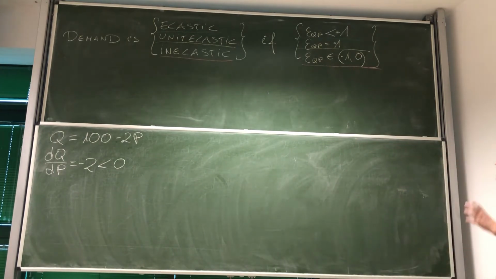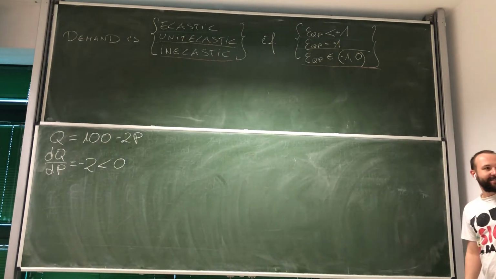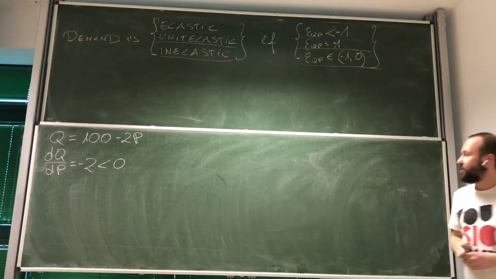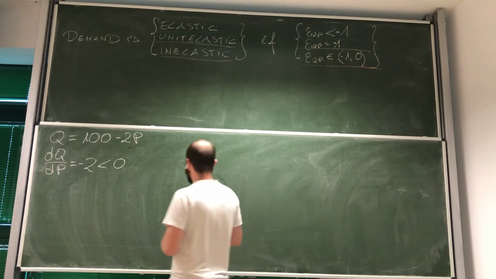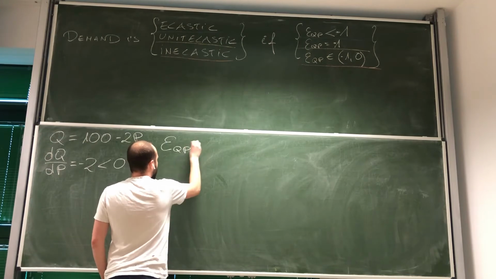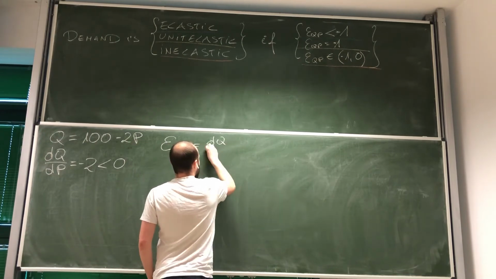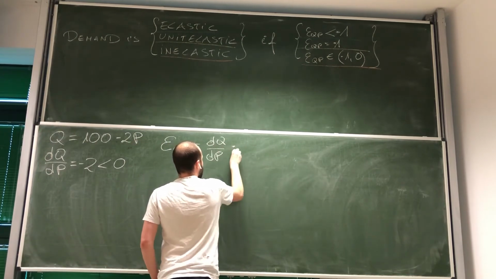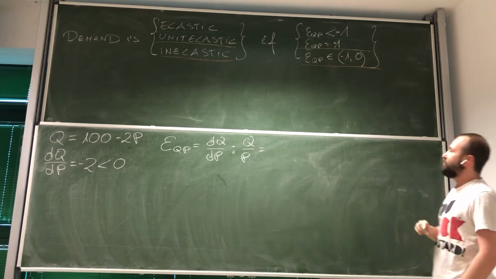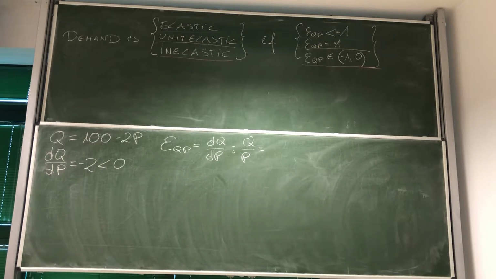Okay, so the first thing I'm going to do is to find a function that will tell me the exact value of the elasticity of this function at any point of this demand curve. So now we use the formula that we know. This is dQ/dP divided by Q over P. So marginal function divided by average function.